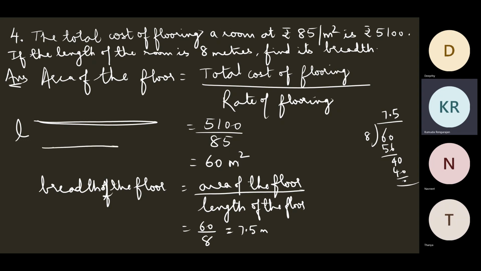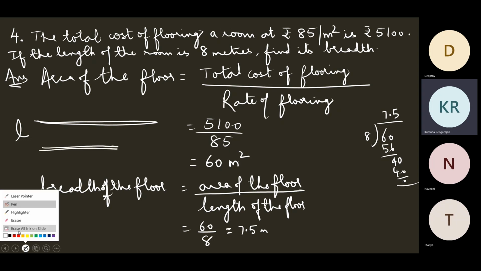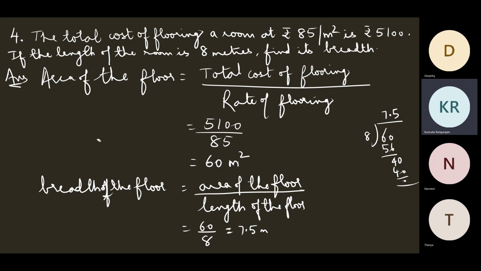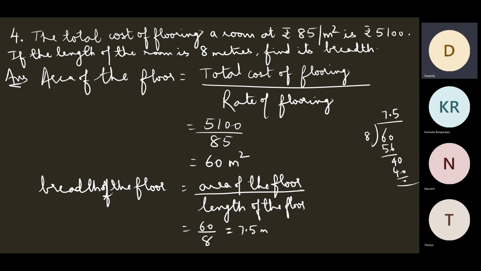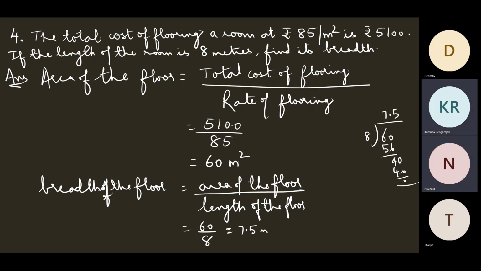The breadth of the room and the breadth of the floor are both the same. They're not two different things. When you're inside the room, whatever is the length of the room is also the length of the floor, right? Yes, ma'am. So don't get confused. They're the same.